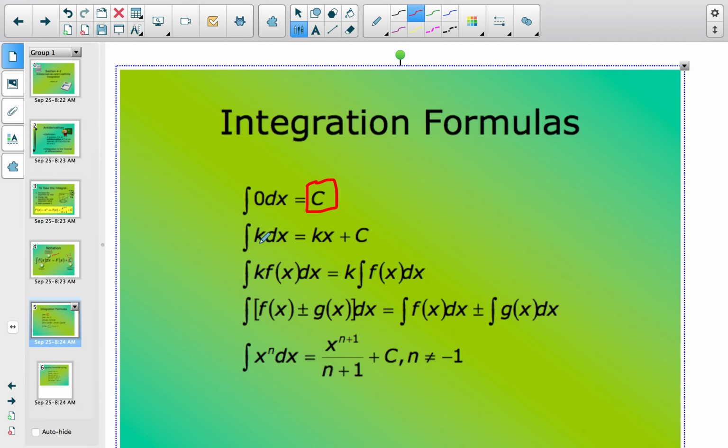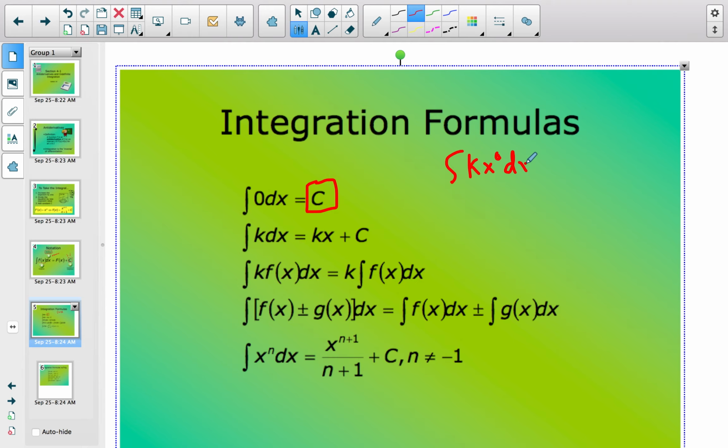The antiderivative of some constant, say k, that's not 0, is just k times x. Because the integral of k, you can think of this as basically being kx to the 0.